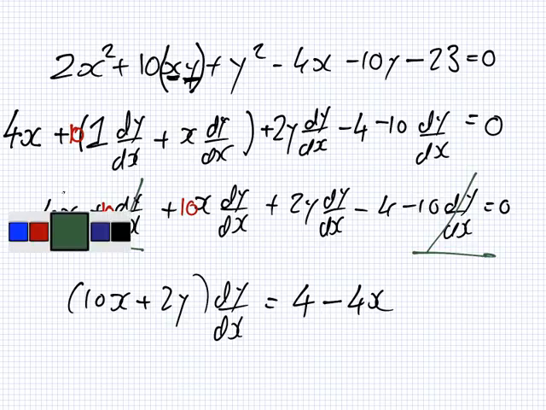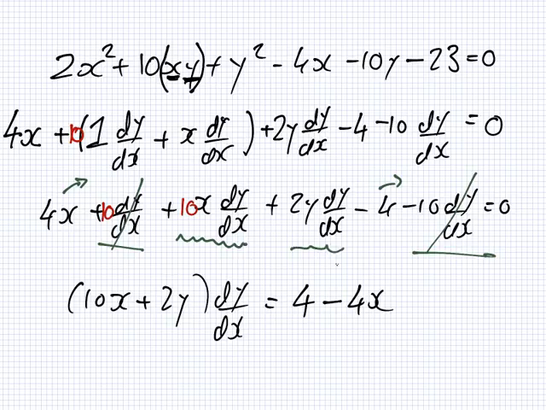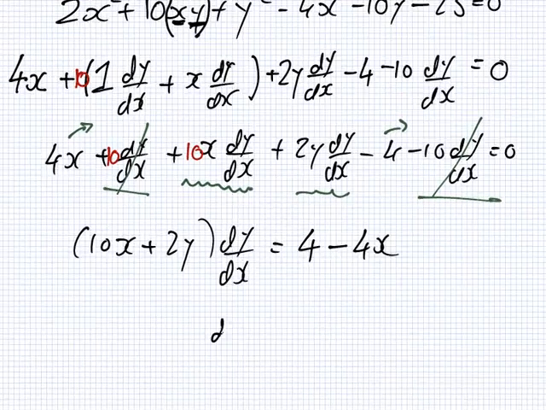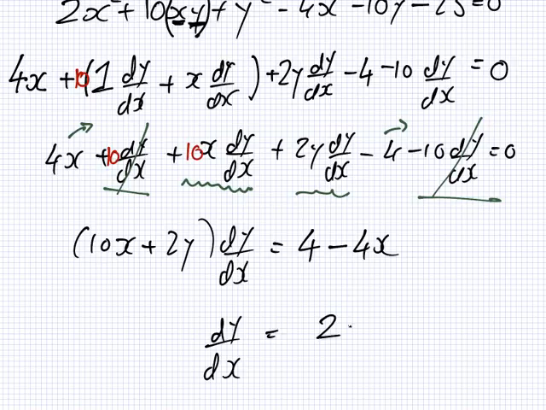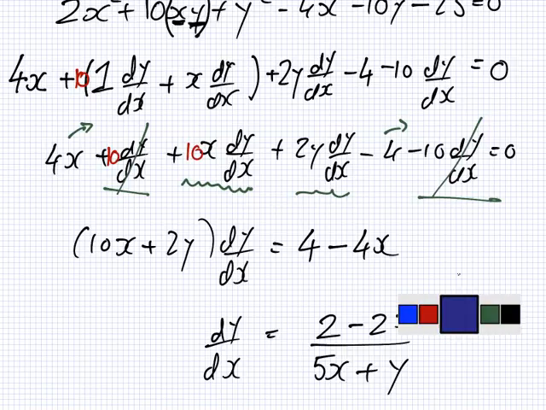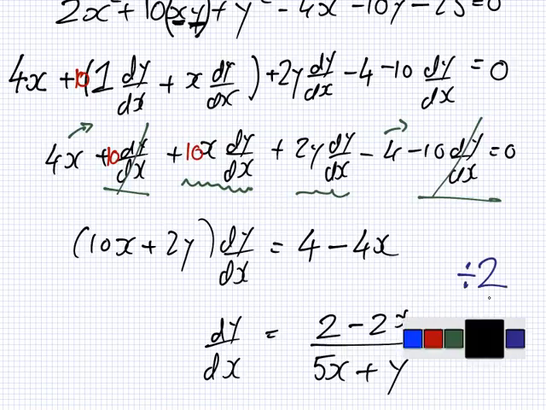Because I can take this to the right, I can keep this. So we get dy/dx equals 2 minus 2x over 5x plus y, because I can divide everything by 2.